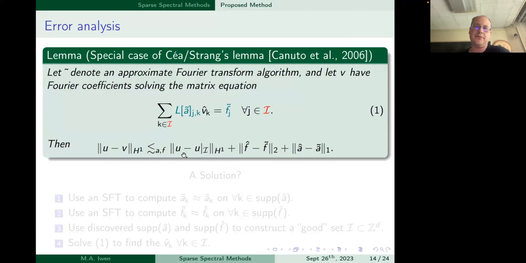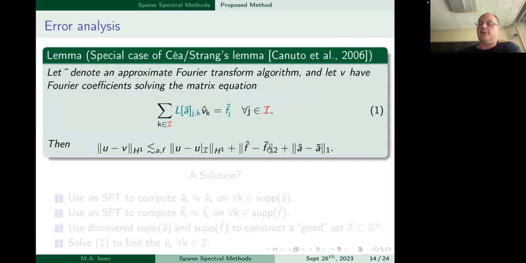It says, well, it's going to be bounded by the error you would have just approximating u by a trigonometric polynomial projection onto its Fourier series coefficients in I. So if you choose your set I wisely and you have a good approximation to u by a trigonometric polynomial in here, you're going to be in good shape.